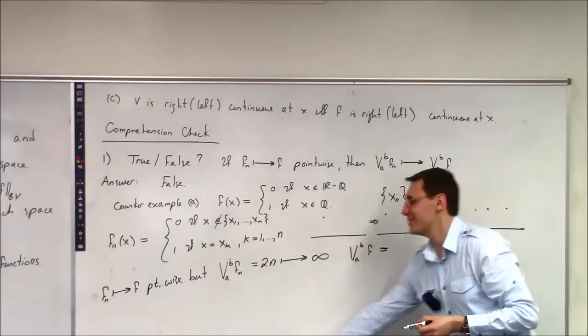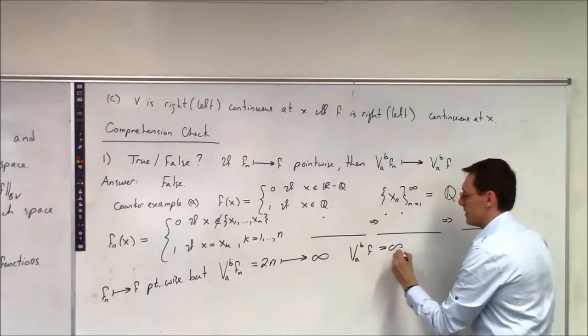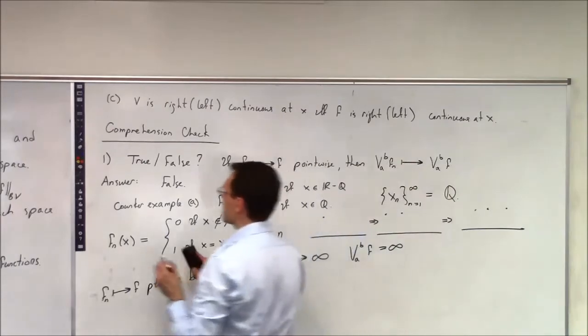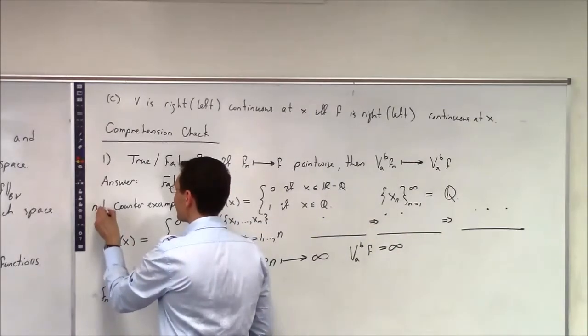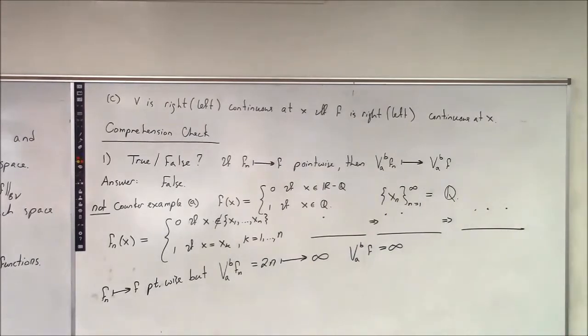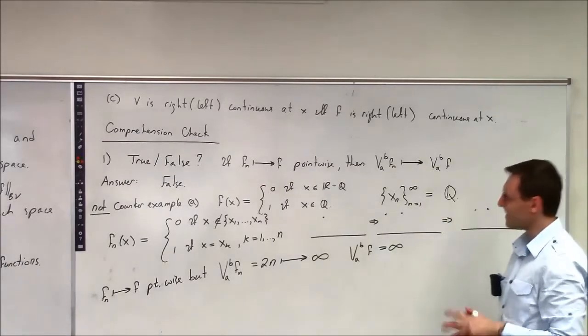Oh, sorry. You see, usually Fn was bounded, but I guess that's a... Right. So this is not a counterexample. Yeah, I see that now.